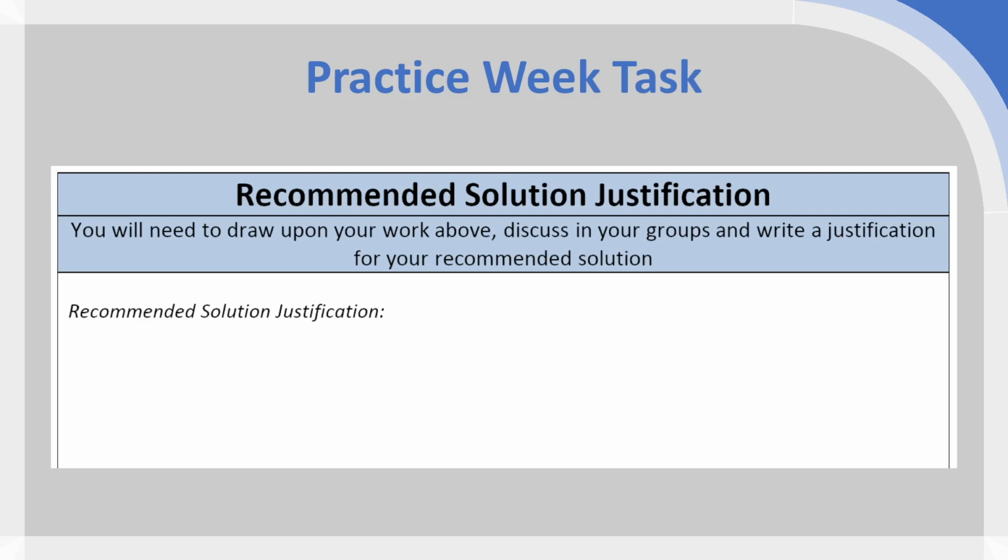You essentially need to select one of the potential solutions that you've evaluated in the 4th table, and then in the 5th table you simply need to justify in written form why you think this is the best solution, why you think this meets all of the requirements, and why you think LTR should consider this as a way to solve the communication and collaboration problem.